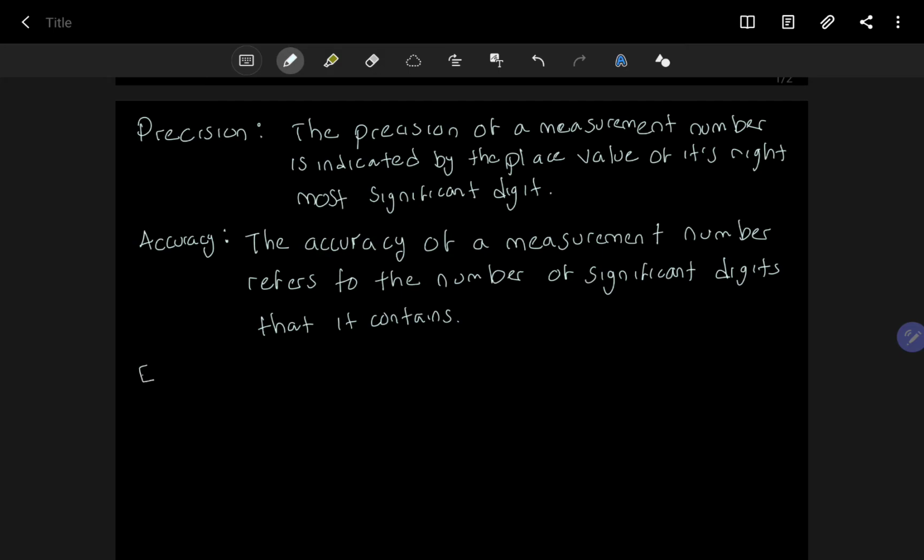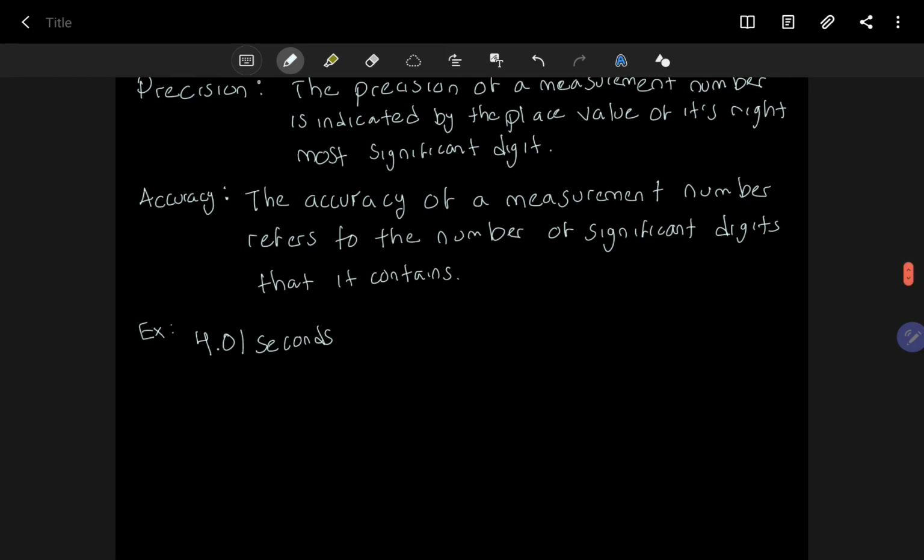For example, when we're looking at 4.01 seconds, and we want to state what the measurement is, so we're looking at the number on the right.